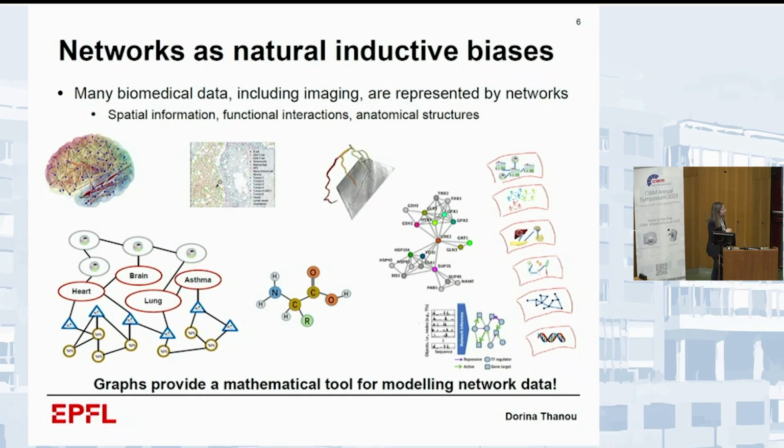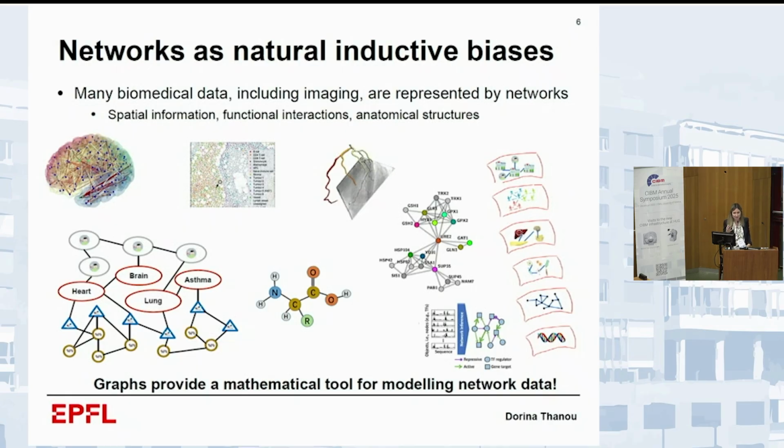And then if we go into images like, for example, angiography, we have a clear geometry there coming from the fact that you have an artery tree. So all this geometry can be considered as a mesh or a network of different arteries that are connected to each other. And then of course, there are the non-imaging applications, but for the sake of time, I will not spend a lot of time on those. Molecules, for example, protein-protein interaction networks.